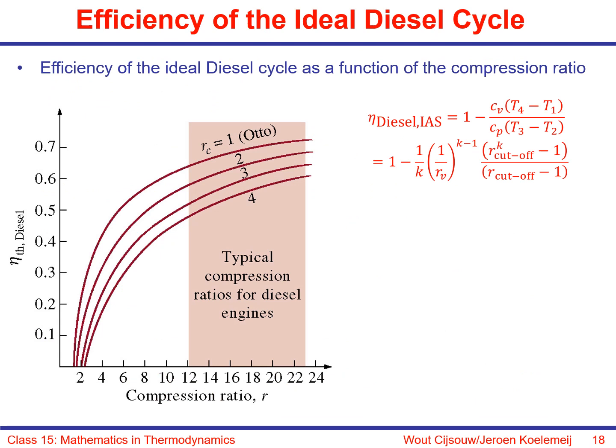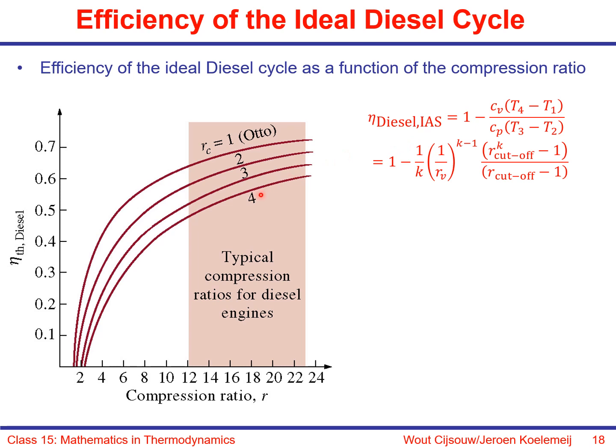Well, okay, we understand that, but what does that mean, and how does it relate to the efficiency of an Otto cycle? Well, what you see here are a number of efficiency curves as a function of the compression ratio of the diesel engine. So these are curves for a diesel engine, using again this expression that we derived on the previous slide.